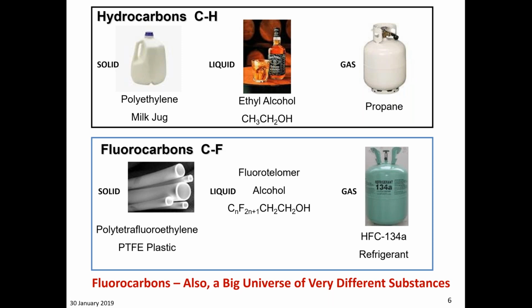It's getting replaced in cars now, but it's used as a refrigerant in air conditioning systems. Small molecule, just a few carbons. And in between, something you're becoming familiar with in our discussions about PFAS, fluorotelomer alcohol, which is a liquid in most states that has a lot of fluorine on it and some carbons.